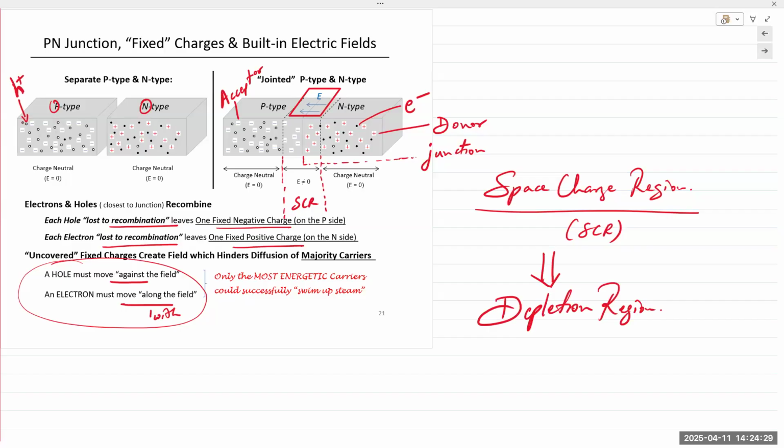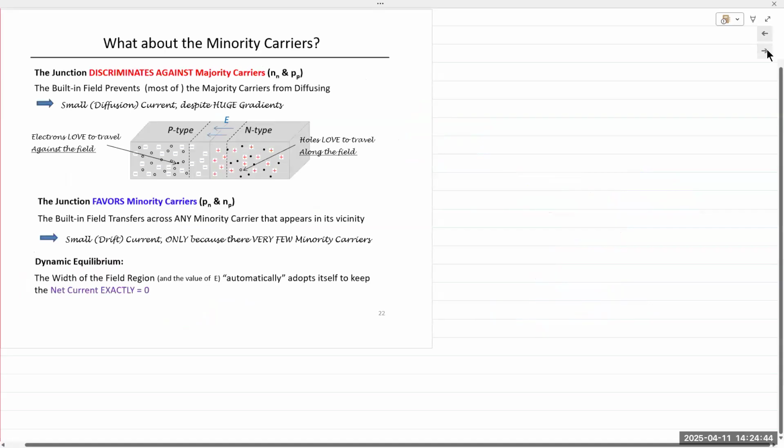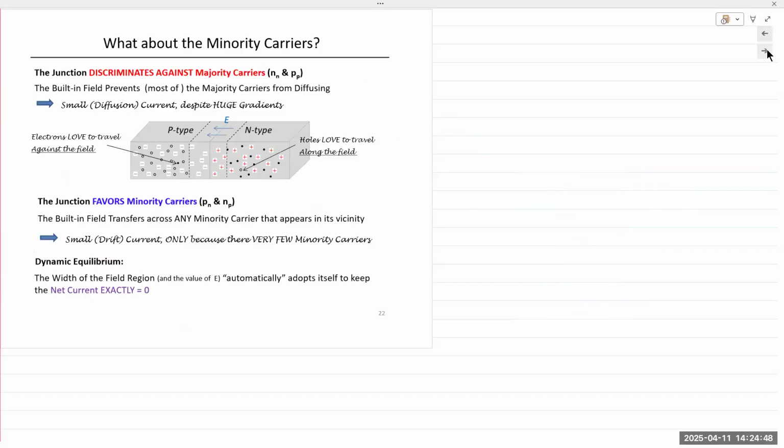Whenever we're discussing semiconductor devices, we always use depletion region because it is depleted of all charge carriers. So let's model the space charge of the depletion region.